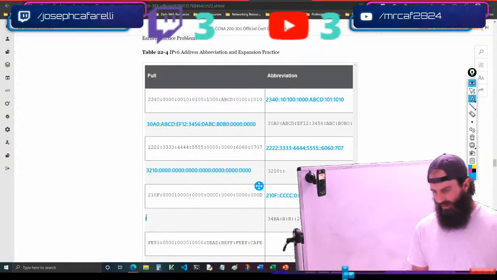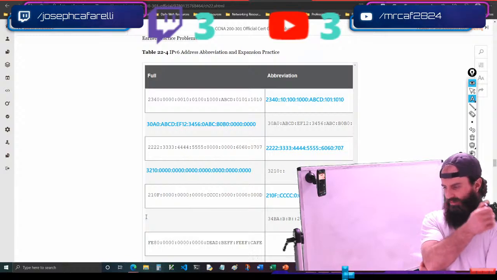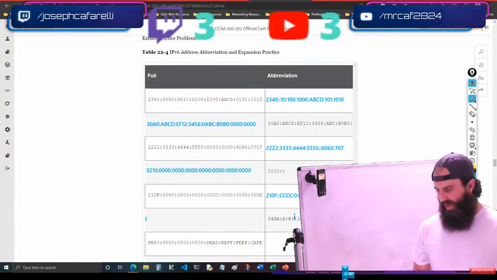Let's do this other one. Now we have to unabbreviate this back. What we're seeing here is there's a quartet that had leading 0. So we had a couple of quartets missing.